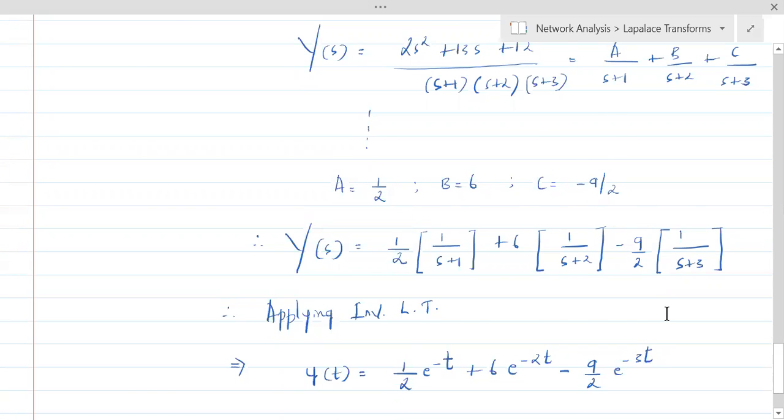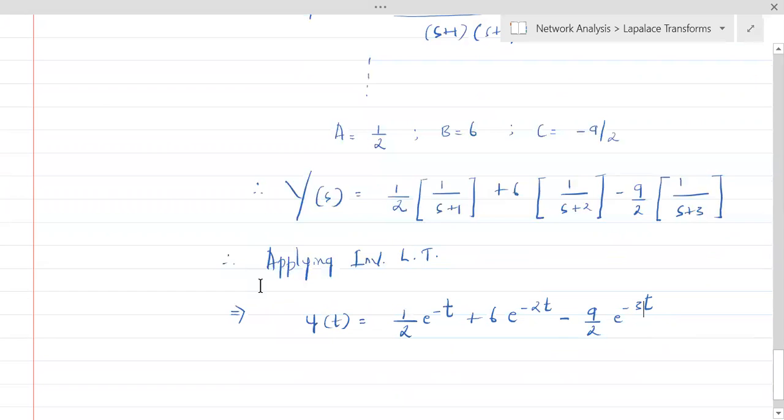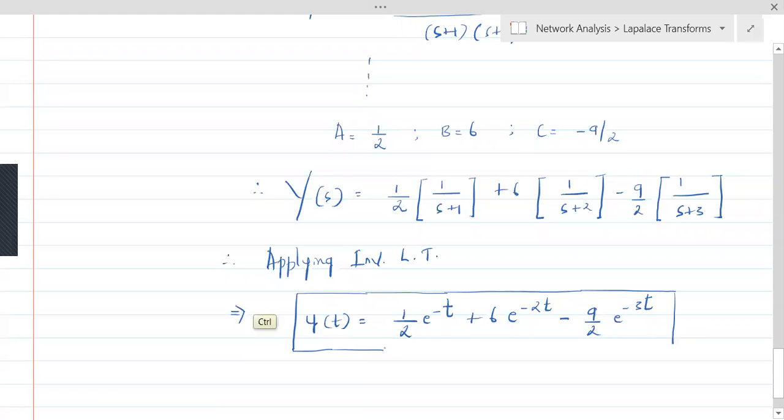So what is this now? This is y of t we have obtained, but what is this y of t? Y of t is the solution to the second order differential equation that they had given.